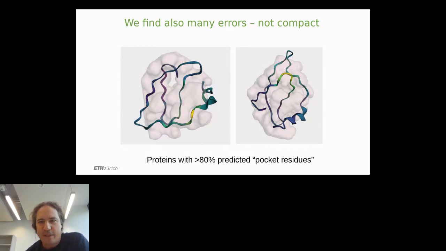There are a few of these examples, not many, but several. This does not look like a well-folded protein in any way, but AlphaFold is super confident about this prediction. So these are interesting cases of things that are, most likely, errors from the model.